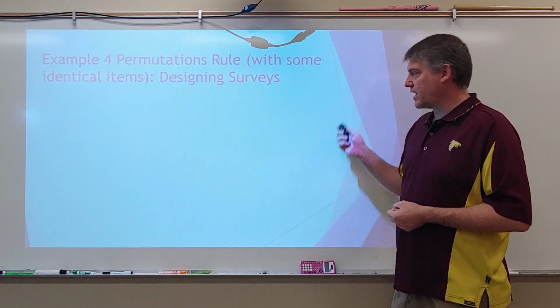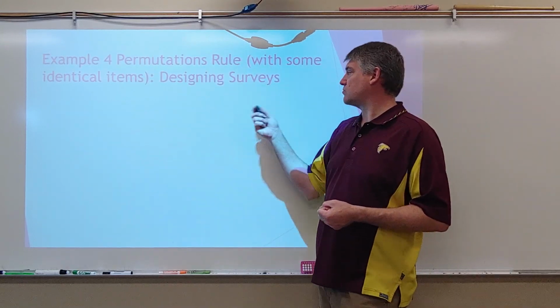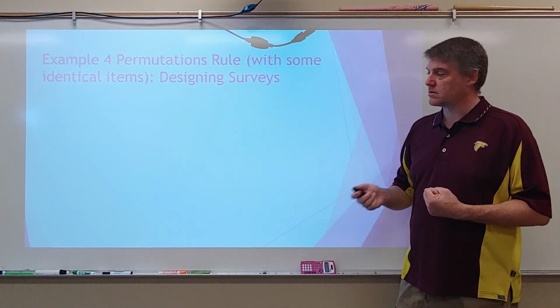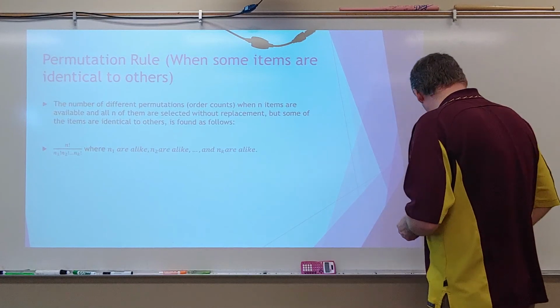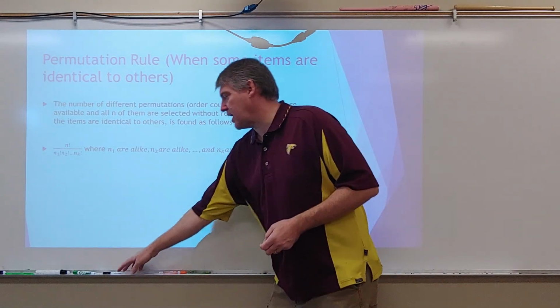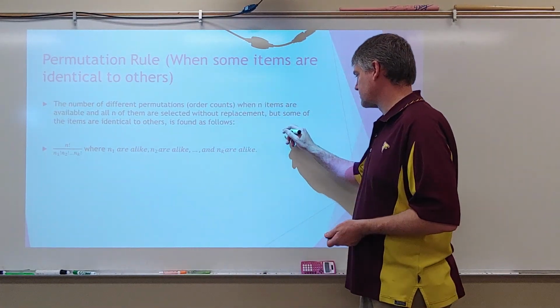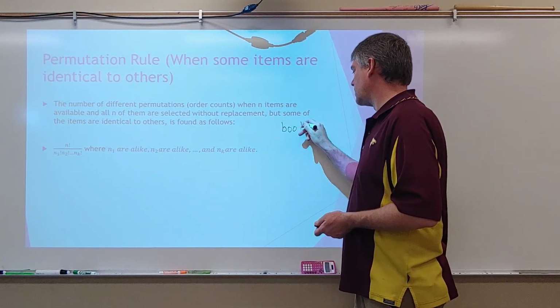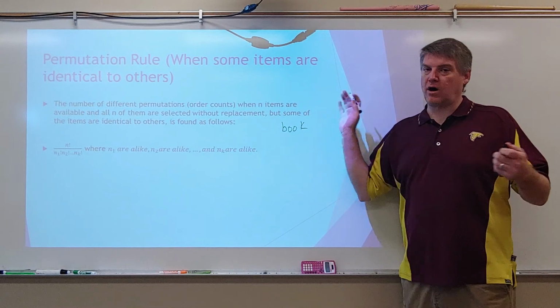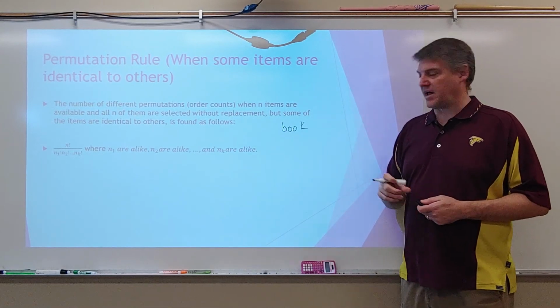So we're going to look at this permutations rule with some identical items. Okay? So kind of go back here. What this is saying is, if I had, let's just use the word book. Okay? And I said I want to know all the possible outcomes of the letters in book.